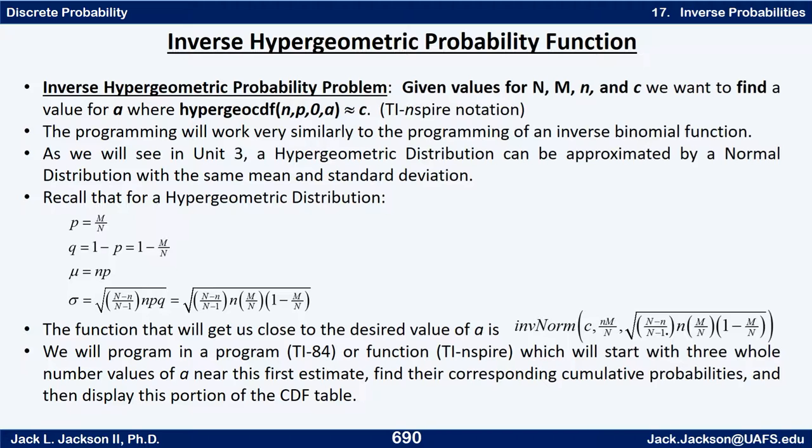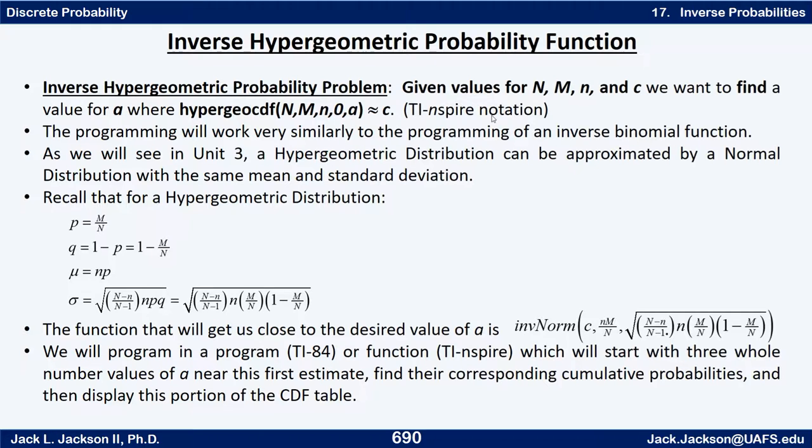be a cumulative probability. So we want to find a value for a, which the hypergeometric CDF of... and that should say this, just a second. Okay, that's fixed now. So it should say, you have to give it the parameters N, M, n in that order: population size, number of successes in the population, sample size, and then you give it a lower and upper bound.